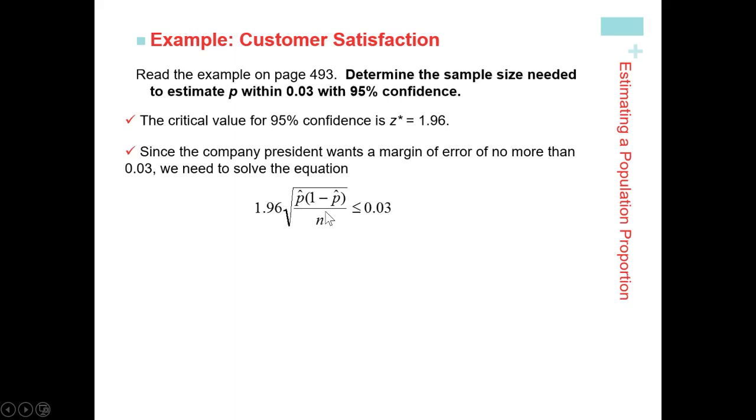Okay? So now more than at any other point, I would encourage you to pause and do this. Plug in 0.5 for p hat as our guess, and then solve for n.